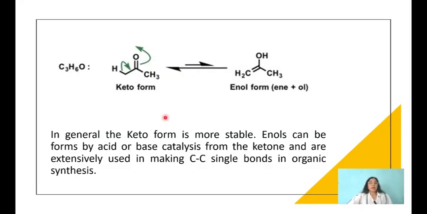Both compounds do not have the same stability; the keto form is more stable as compared to the enol form. The enols can be formed by acid or base catalysis from the ketone and are extensively used in making carbon-carbon single bonds in organic synthesis.